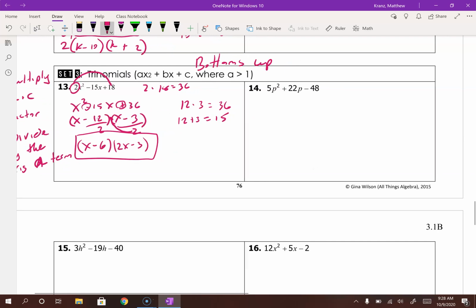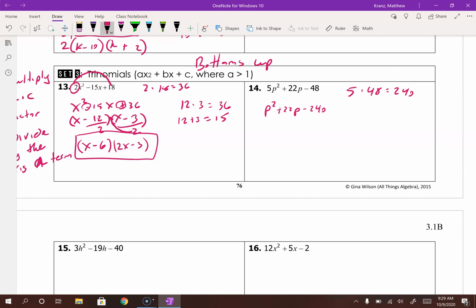All right, let's try this one. 5 times 48, that's 240. So basically, I have p squared plus 22p minus 240. Now I need two numbers that multiply together to 240 but subtract to be 22. So let's think about that.